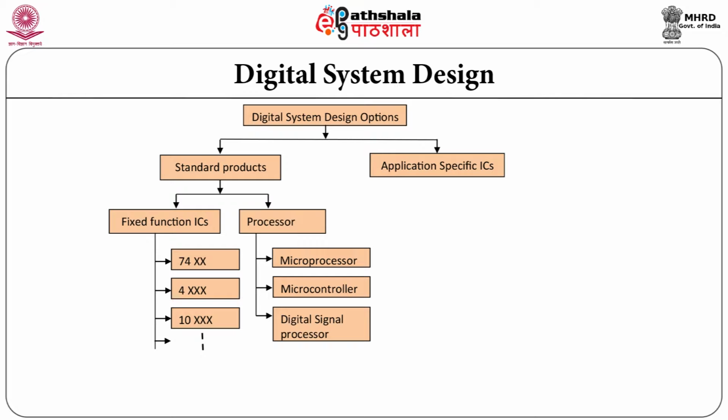Traditional design approach utilized fixed function ICs and processors. The second digital system design option is to go for ASICs, that is application specific ICs. This approach is nowadays replacing the traditional approach. There are two types of programmable design approaches.